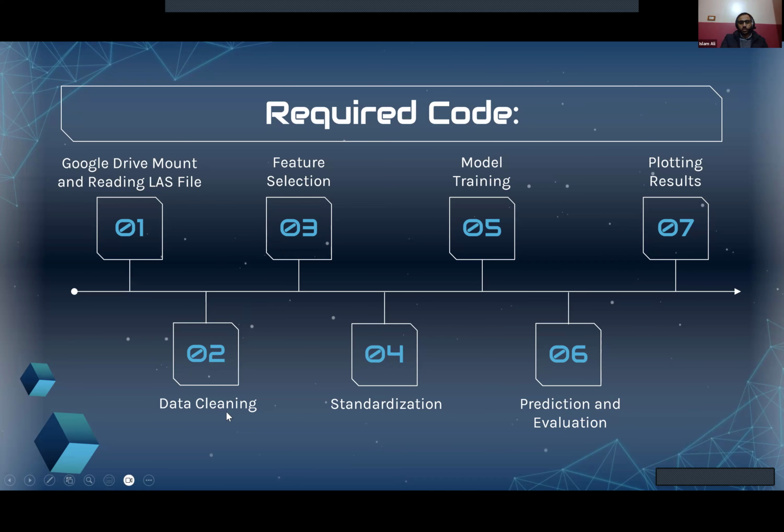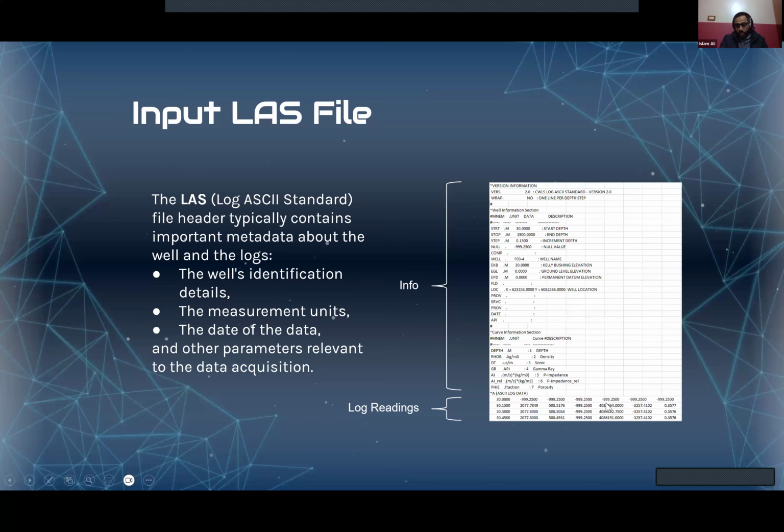Why? Because the data will have readings like you can see here. The first reading starts with minus 999.25. This means this data is null. There is no reading here. So I need to get rid of these readings because they mean nothing. It's not a real reading. It just means null data.